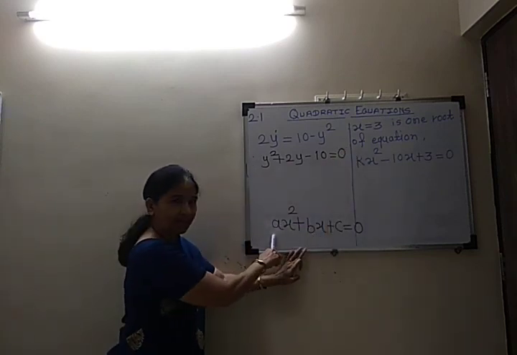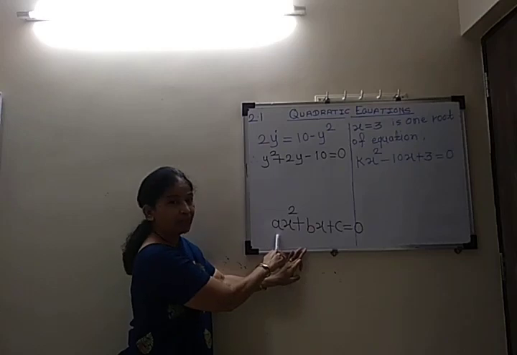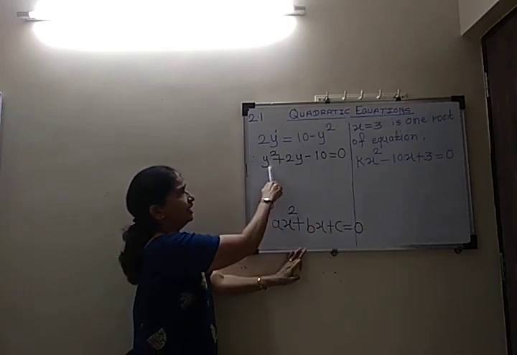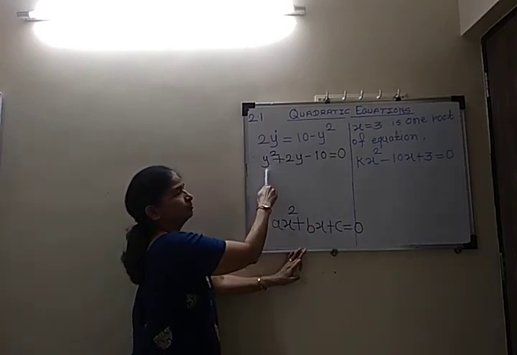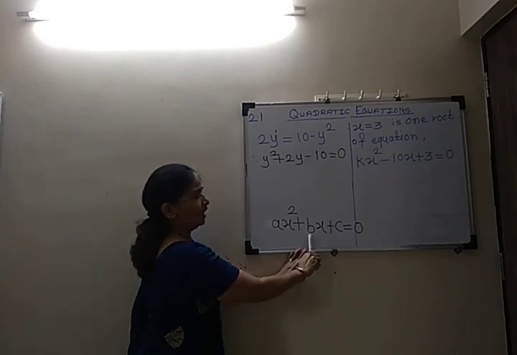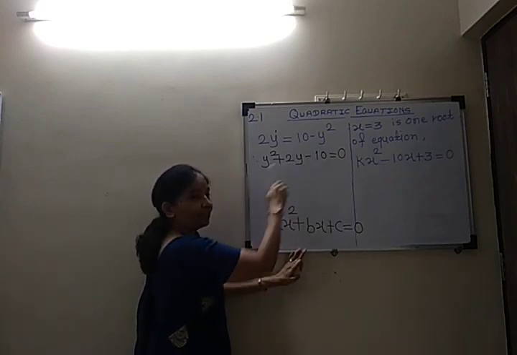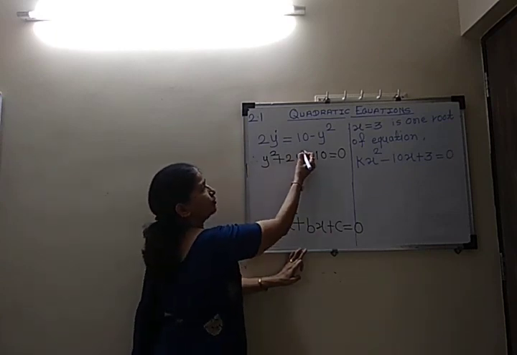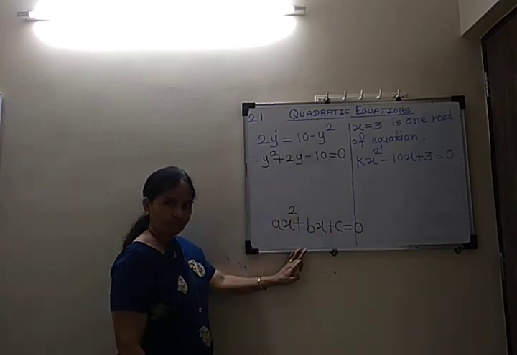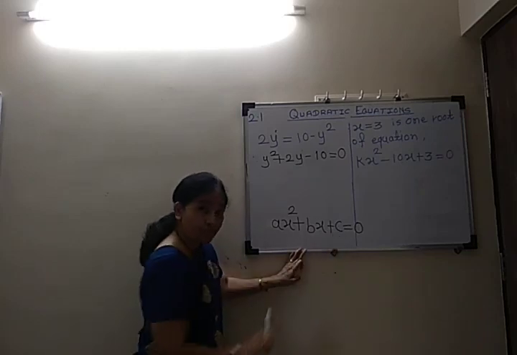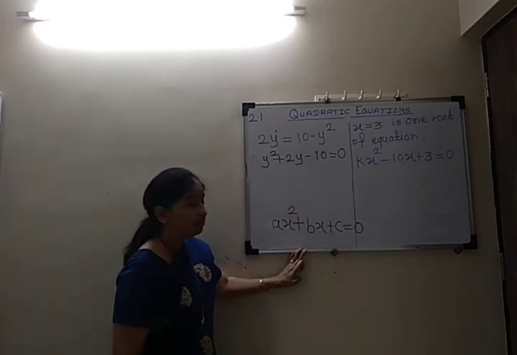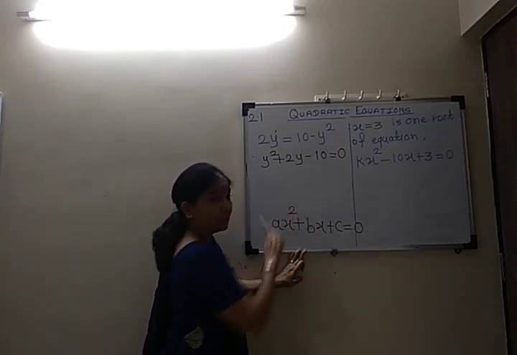Now, cross check again. First term is x square. Is there a square term? Yes. Second term is the bx term. Is there a term of which index is 1? Yes. Then c means the constant term. Is there a constant term?